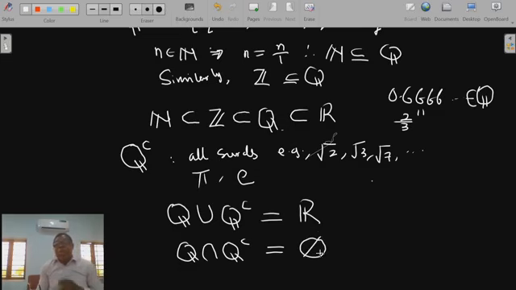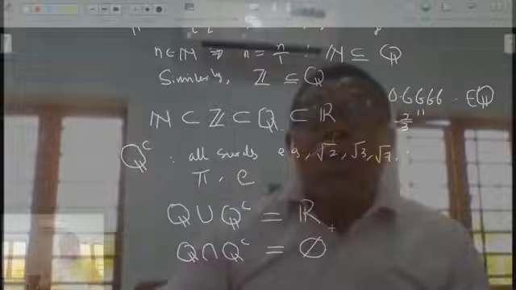This notation is for the empty set. So these are some of the sets that we have as special subsets of R that will play a great role in what follows.